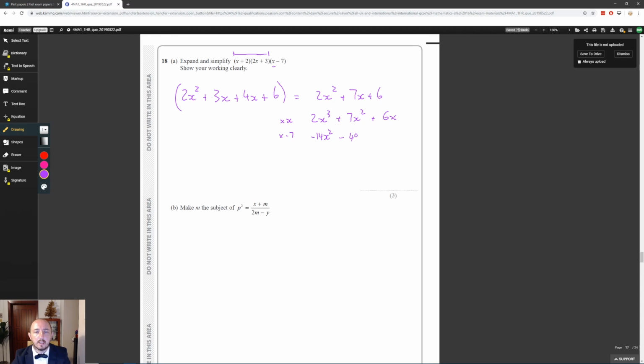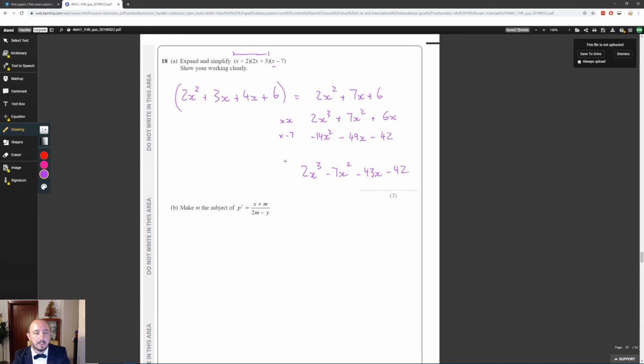Minus 49x minus 42. We can collect all these together to get 2x cubed plus 7x squared minus 14x squared plus 6x minus 49x is minus 43x minus 42.